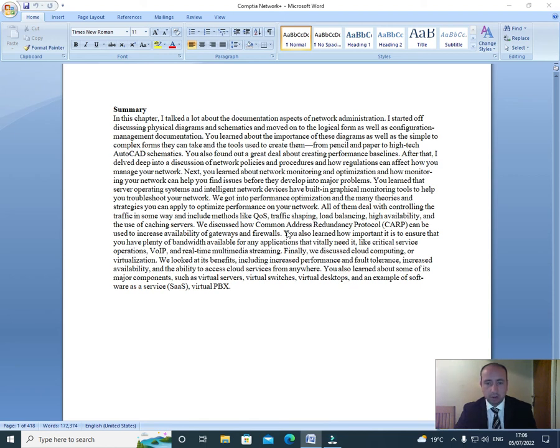We discussed how Common Address Resolution Protocol, CARP, can be used to increase availability of gateways and firewalls. You also learned how important it is to ensure that you have plenty of bandwidth available for any applications that vitally need it, like critical service operations, voice, VoIP, and real-time multimedia streaming.